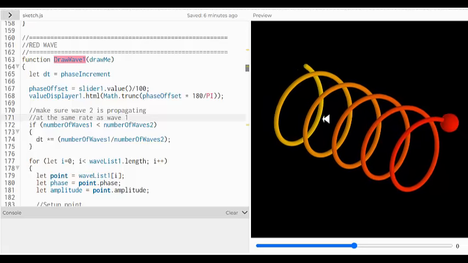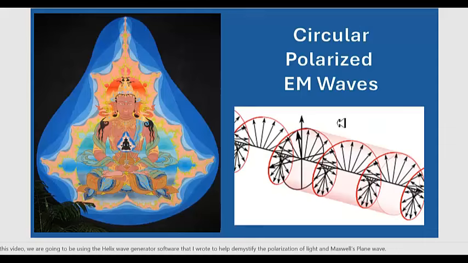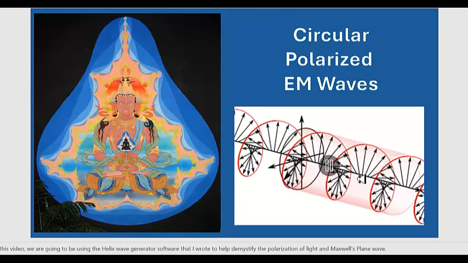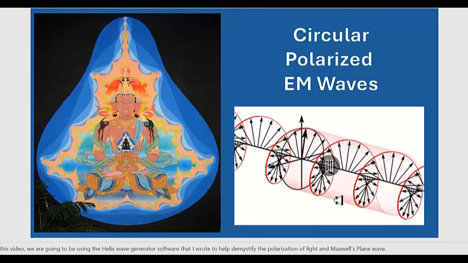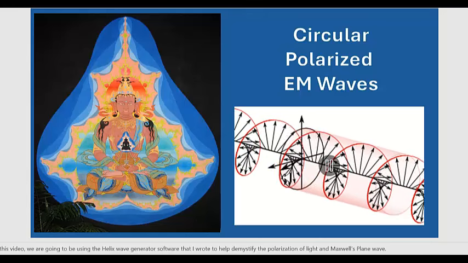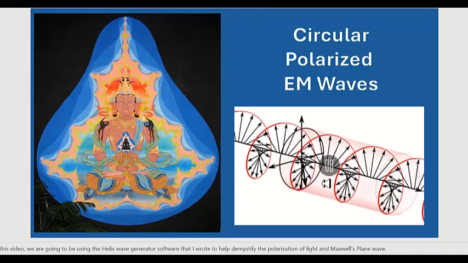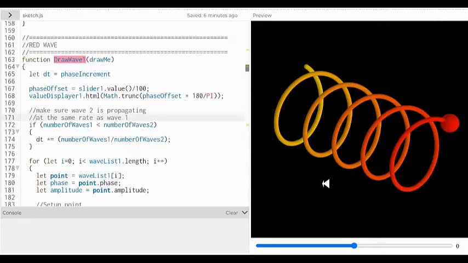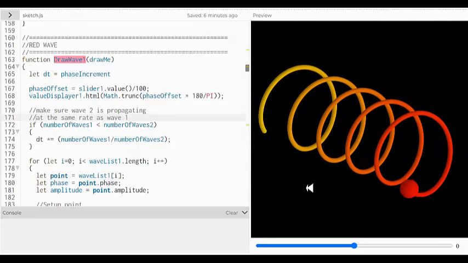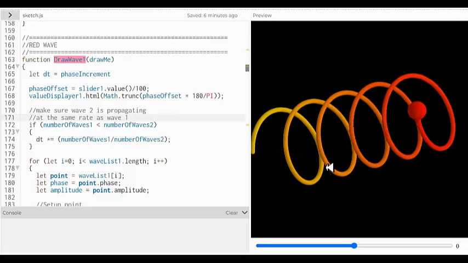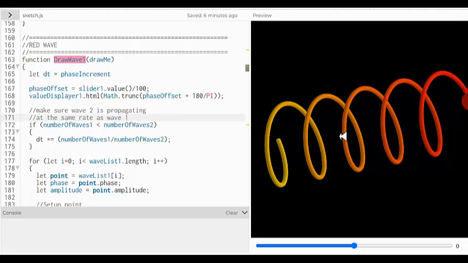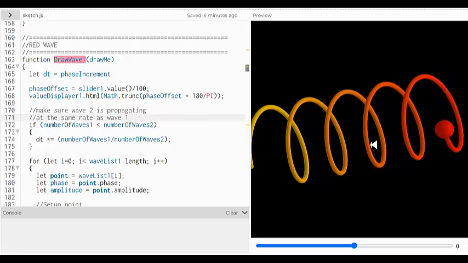The wave is propagating in the same direction as in this wave here, and the sphere that I am drawing is moving in the same direction as the arrow in this image. So the implementation of the helix wave is in fact an implementation of circularly polarized light.